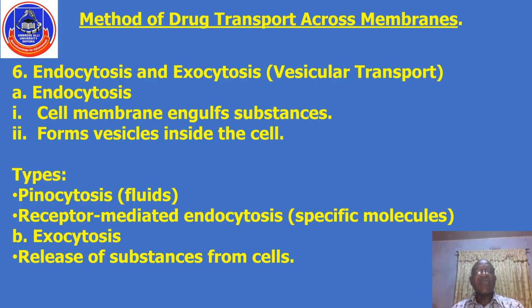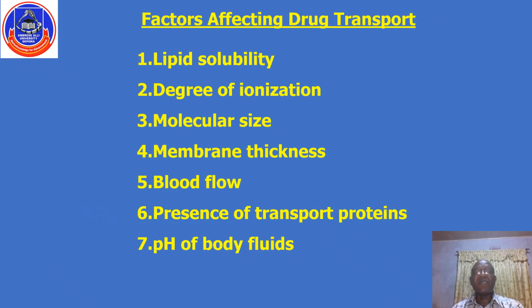Now, endocytosis and exocytosis exemplify the vesicular transport mechanism. Now, we have talked about transport, nature of drugs, physical and chemical properties. What are the factors that can affect drug transport?